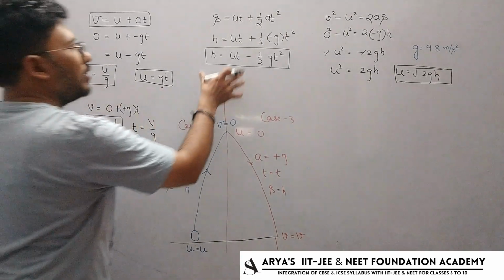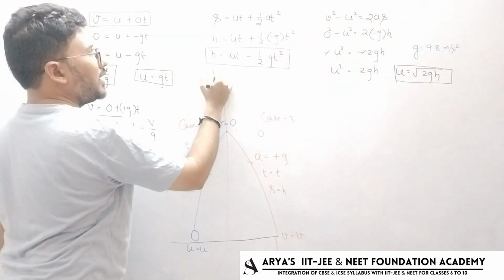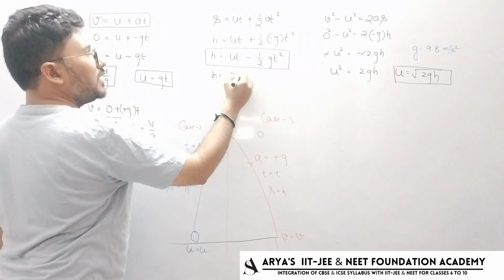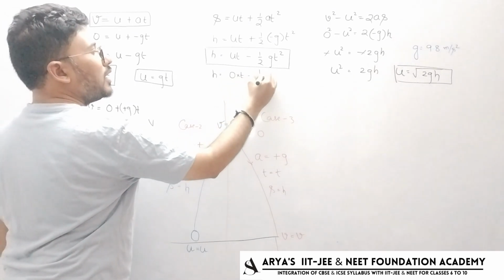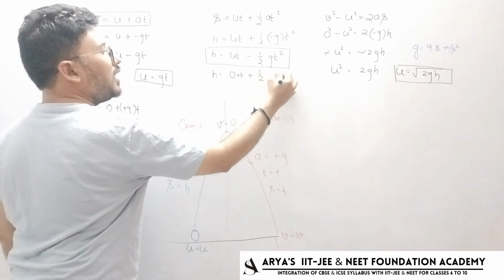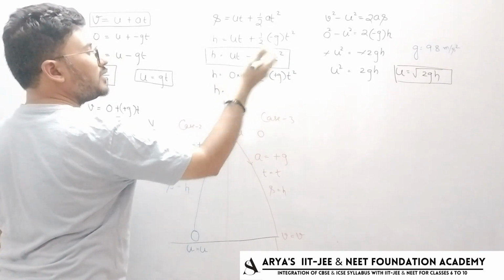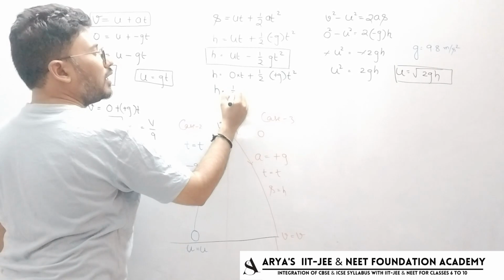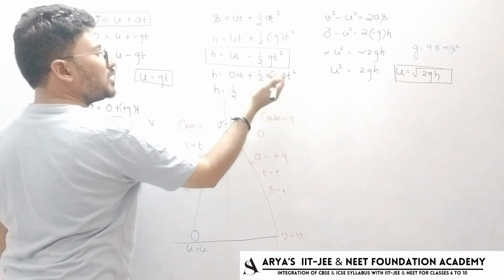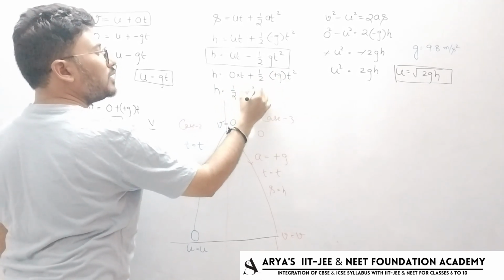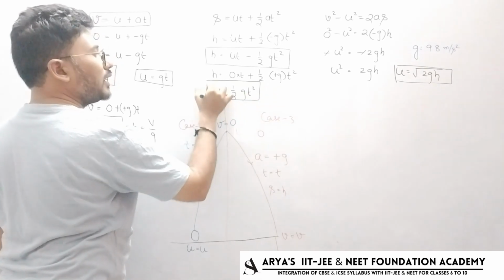Very good. Now here S means H is equal to 0 into T plus half G T square. Very good, T square. H is equal to 0 into anything is 0, plus half G T square. Done.